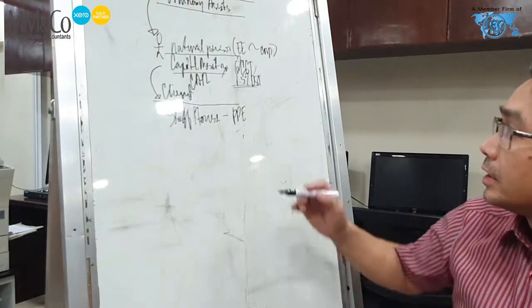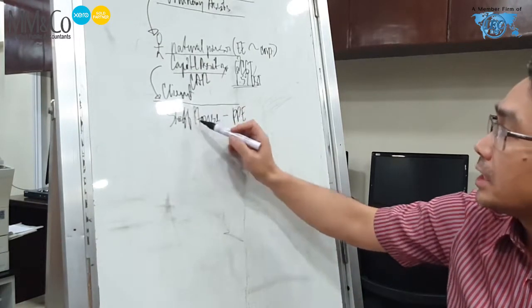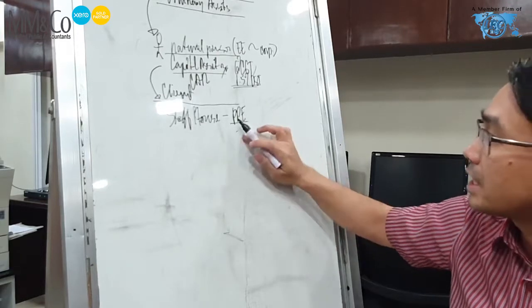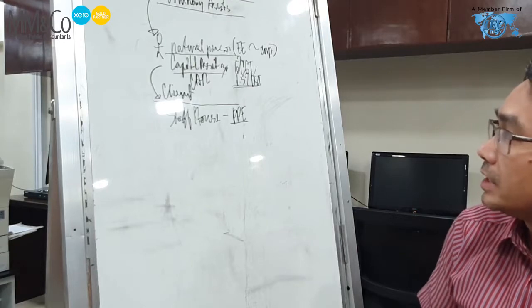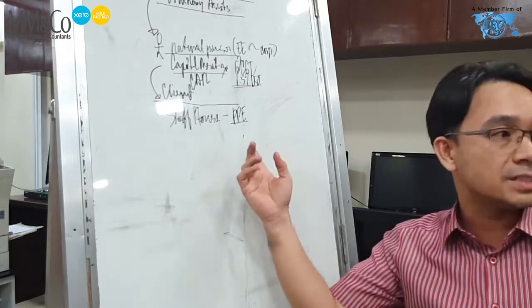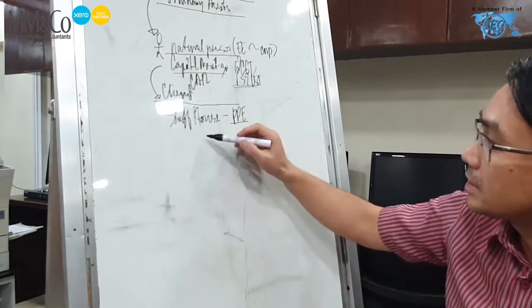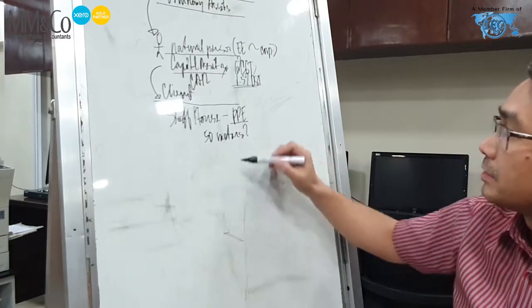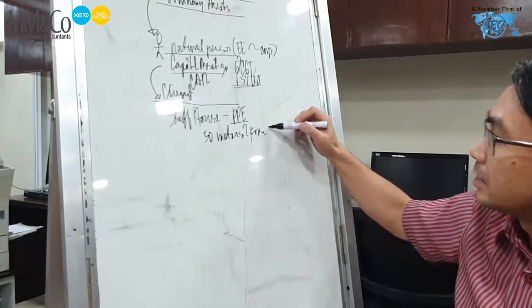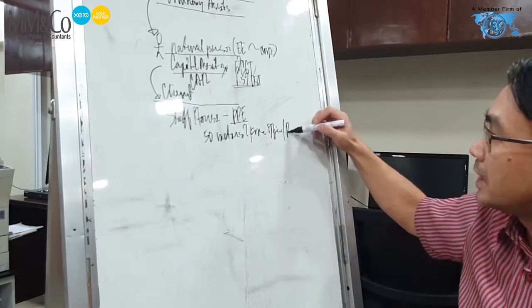Because first, it is in the client's name, and it is used by the staff as a dwelling place for their convenience. Because the question there is, is the staff house within 50 meters from the plant, from the office or plant.